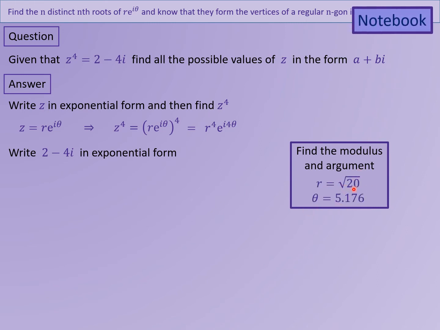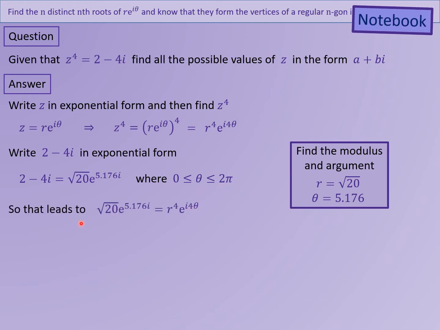Once I've done that, root 20 e to the 5.716i is what 2 minus 4i looks like. So there's z to the 4, there is 2 minus 4i, and those two things are going to be equal to each other. It's important to make sure our theta value is in the right range. Come back to that in a second.